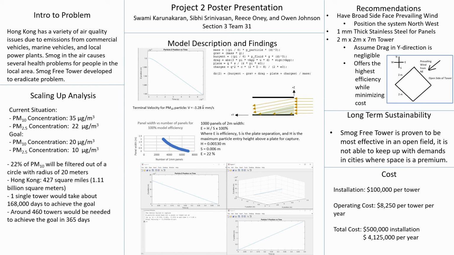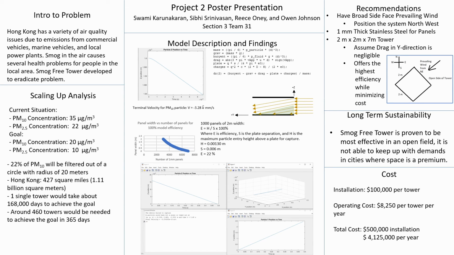identify that within a 20-meter radius of the 7-meter tower, 22% of the PM10 will be filtered out. Furthermore, assuming that the lowest 100 meters of air is the most necessary portion that needs to be filtered, around 111 billion cubic meters of air will need to be filtered.